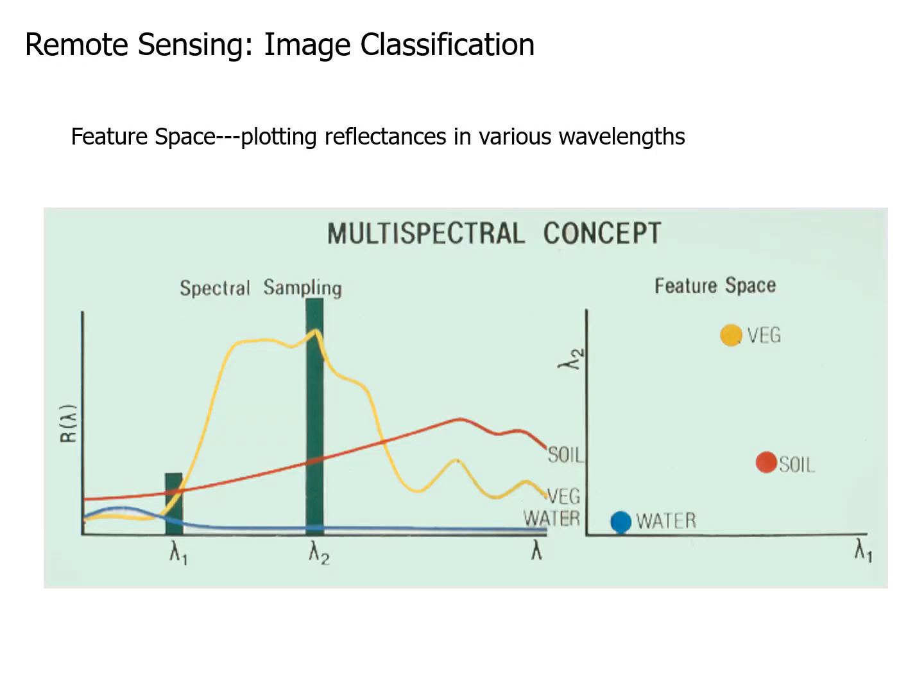So now we'll talk about feature spaces. The way we've talked about spectral qualities so far has largely been using the idea of a spectral signature. That is, here we have three different surface types: soils, vegetation, and water. And we have the sort of continuous spectral signature, what the reflectance is as a function of wavelength.